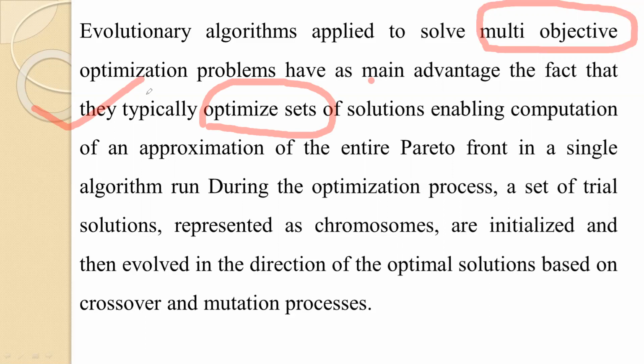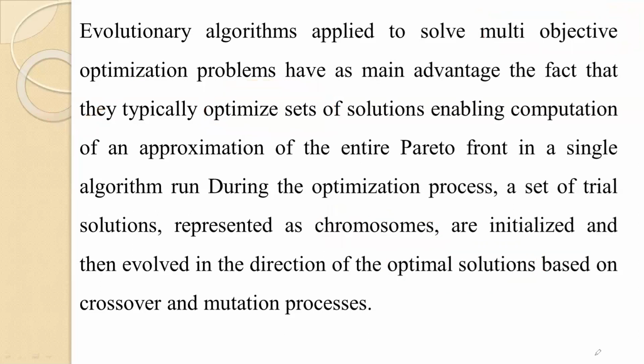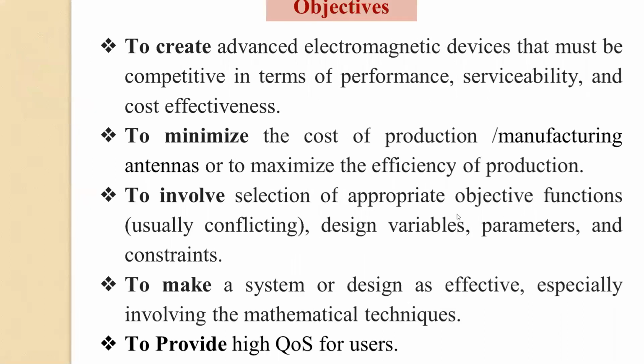With this computational approximation, we are able to obtain a set of optimum solutions called chromosomes. These chromosomes are independently available as optimum solutions. These optimum solutions perform mating functions and crossover functions, which are helpful to identify the later extent.